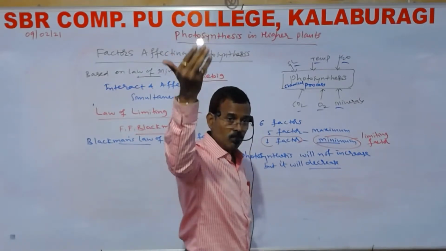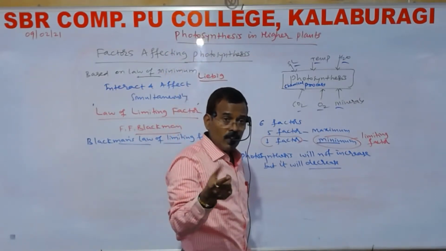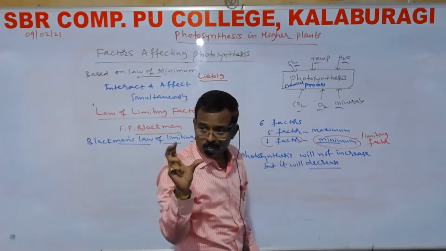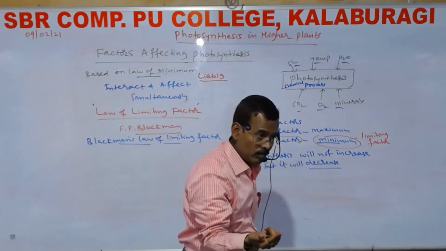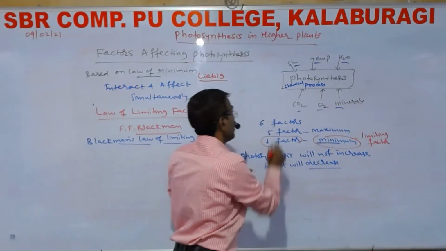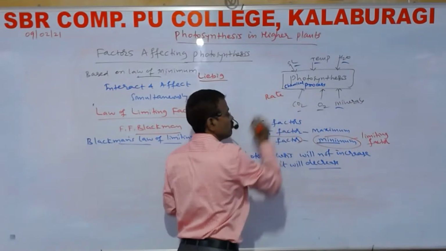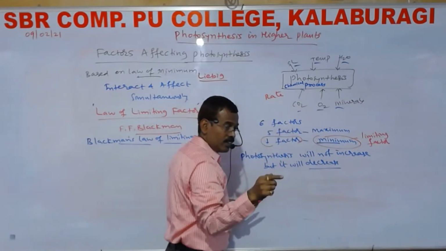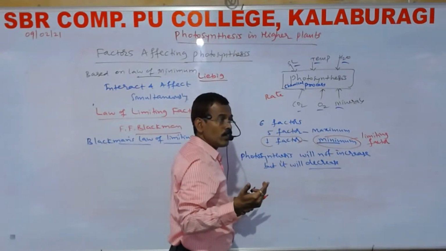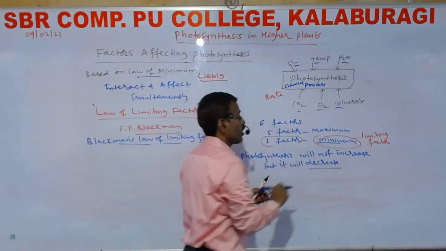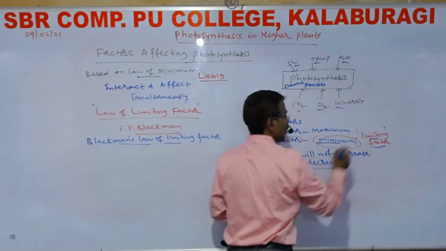Photosynthesis will not increase, but will decrease, because the factor present in minimum amount determines, decides the rate of this process. That factor which decides the rate, the speed of this process, is referred to as the limiting factor.